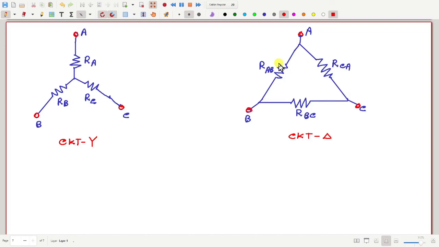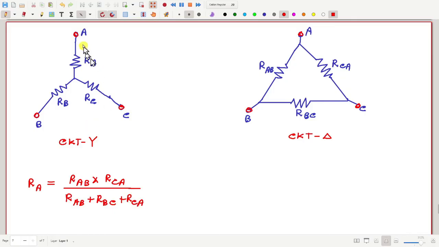Now there is a rule. The rule says if RA, RB, and RC, these three resistances, are related to RAB, RBC, RCA by certain equations which are like this. RA is equal to RAB into RCA divided by RAB plus RBC plus RCA.